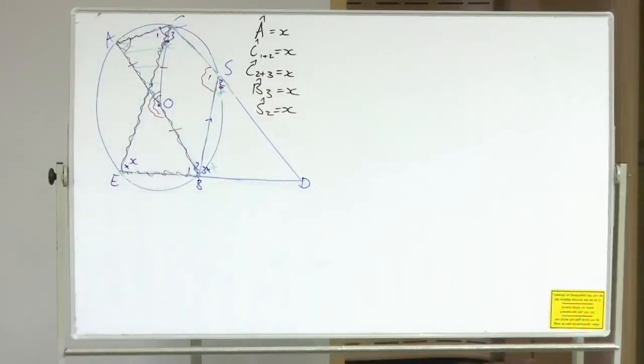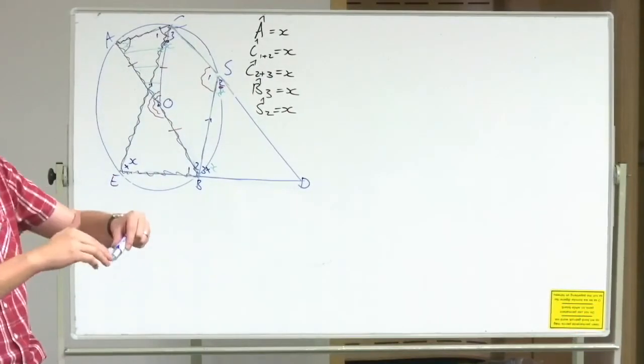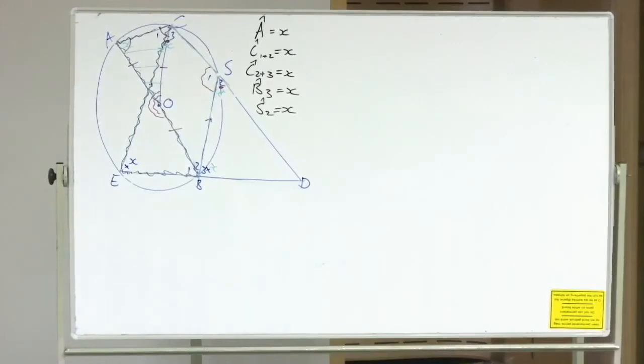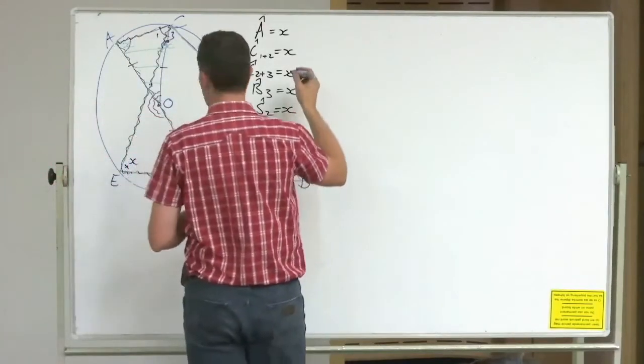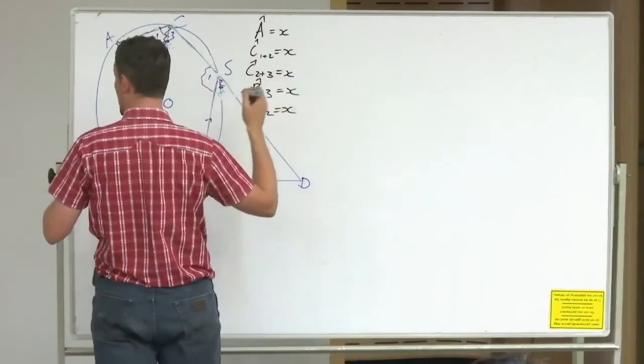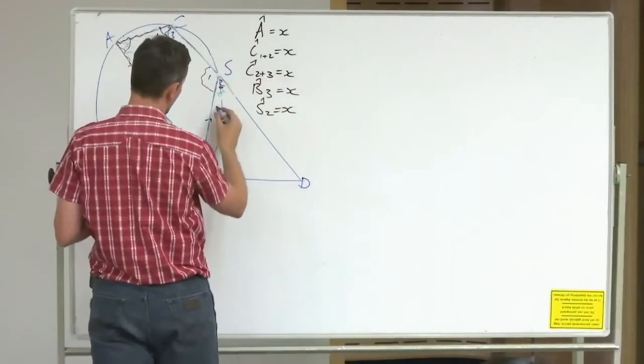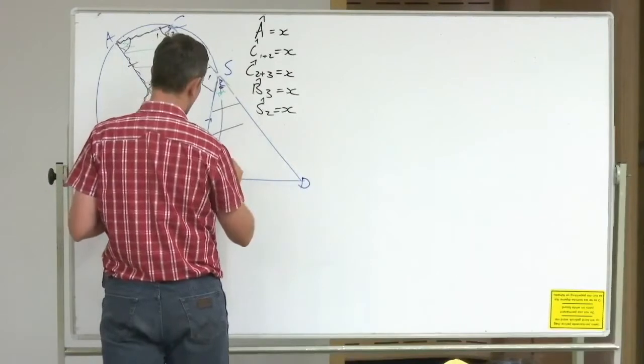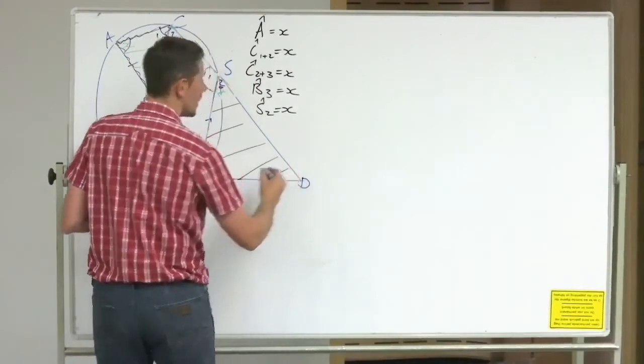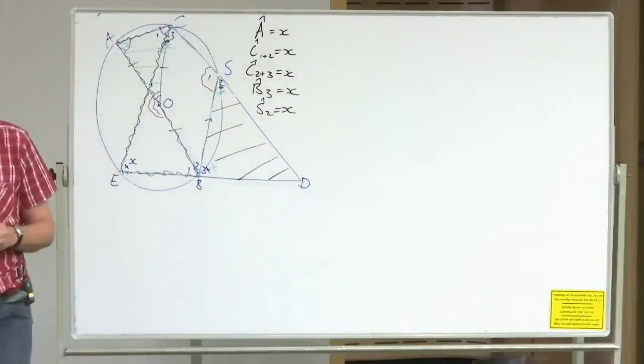Okay. Now from here, ladies and gents, we must look at the rest because the rest is actually really simple. So let's look at, first of all, they say, prove triangle DBS is isosceles.